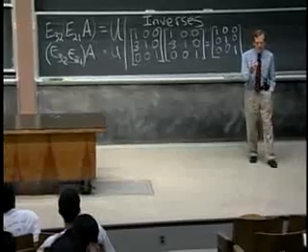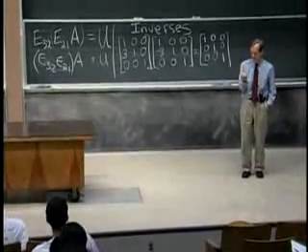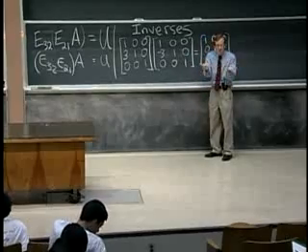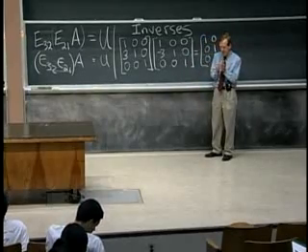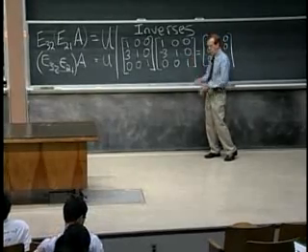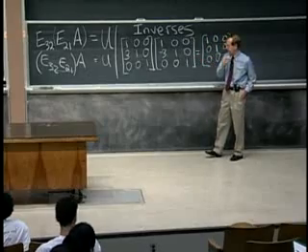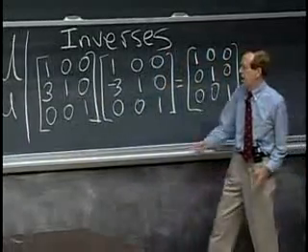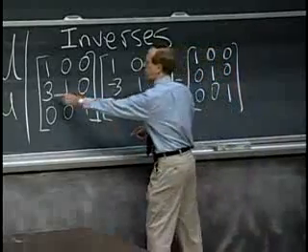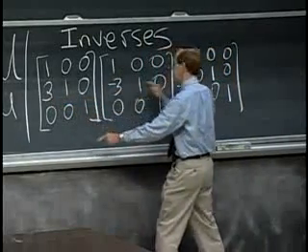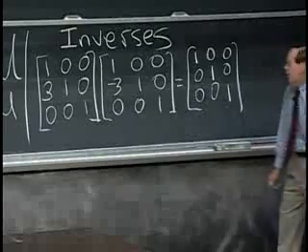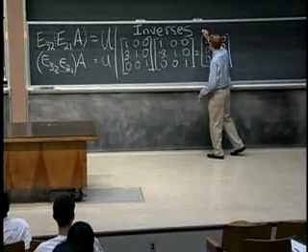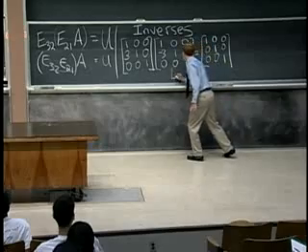It's clear in words what to do. Because what this did was simple to express. It just changed row 2 by subtracting 3 of row 1. So to invert it, I go that way. And if we do that calculation, 3 times this row plus 1 times this row comes out the right row of the identity.